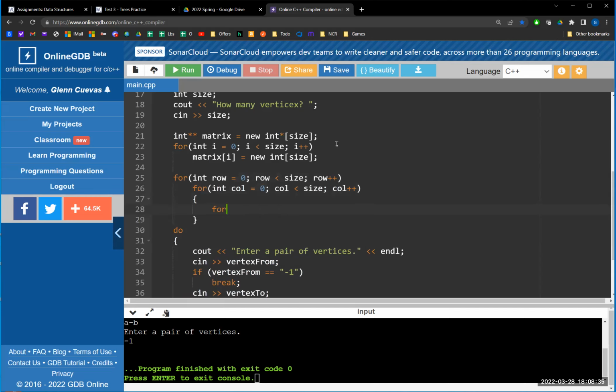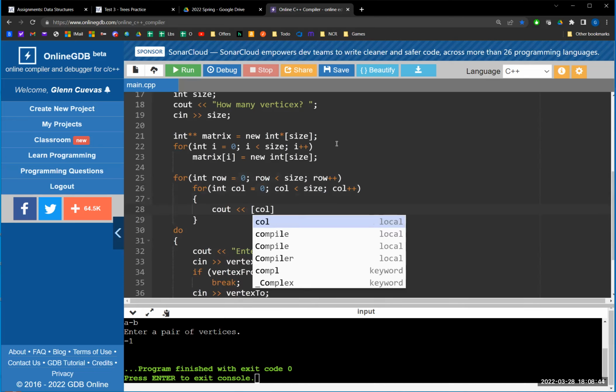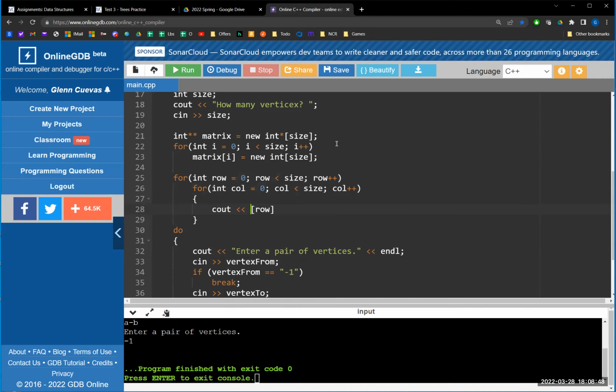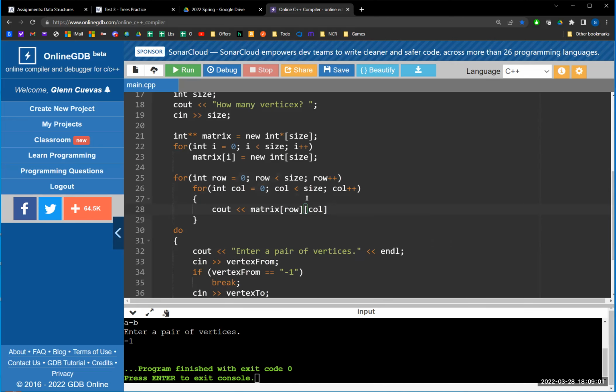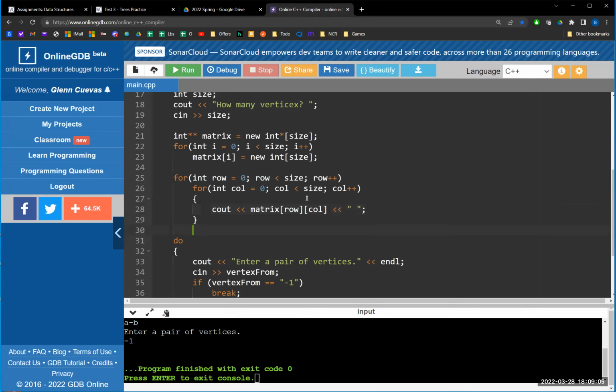Just give me the individual element. Oops, I forgot my matrix. So we do our first indexing to the particular row that we're going down, and then iterate down the columns and add some space. Then we spit that out, and then we'll add a new line.